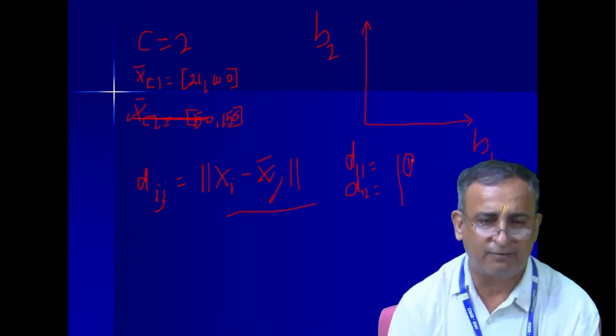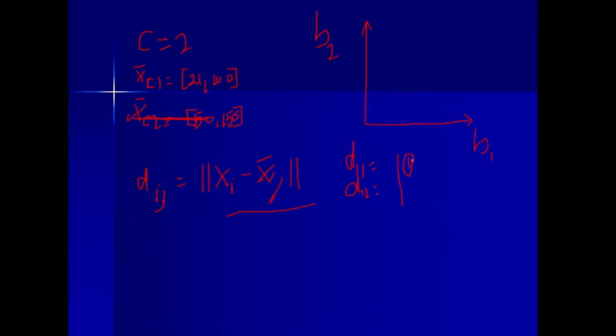So now you have new means for cluster 1 and cluster 2. Initially the mean was here for cluster 1, and now it is somewhere here, so you can see there is a shift of cluster 1. Same way for cluster 2, it was assumed here, and then the value came here. So it is shifting.